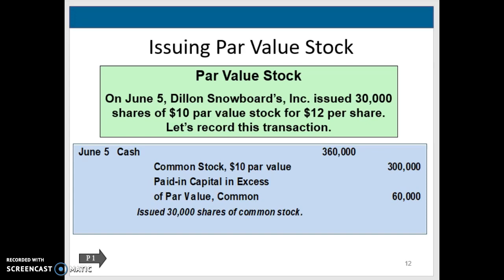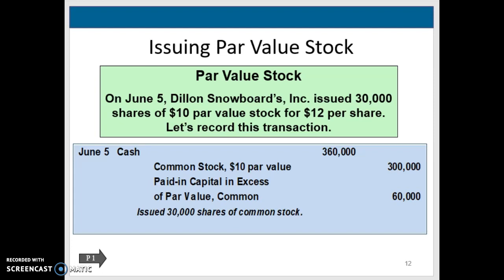So $2 per share times 30,000 shares is going to go into that paid in capital in excess of par value common. The first thing we have to look at is, okay, we're getting cash for this, right? We're selling it for $12 per share, and we issued 30,000 shares. So 30,000 times $12 per share gives us $360,000 cash that we're receiving. So we're going to debit cash for $360,000. We're going to credit common stock for the $10 par value.